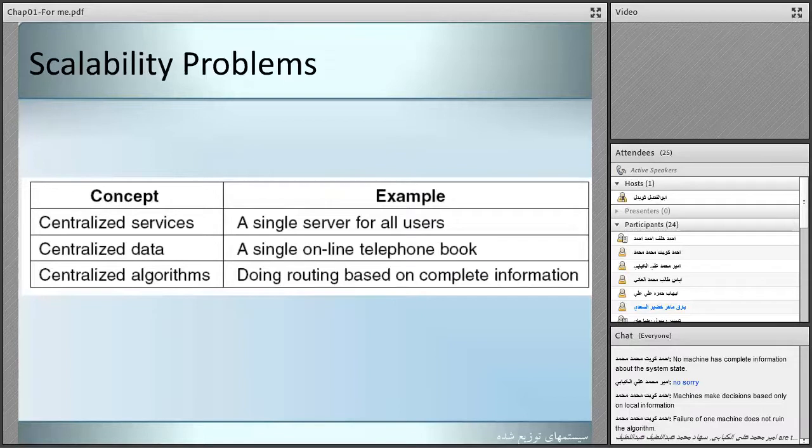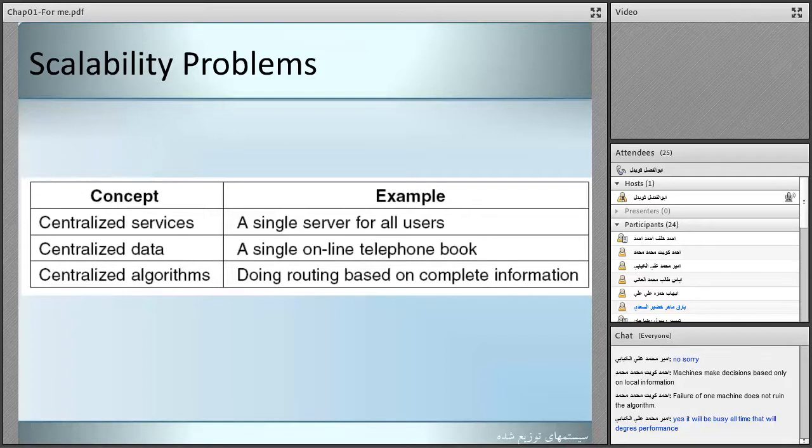What do you say, Mr. Ahmed? We don't talk about failure. Yes, the performance is decreased, Mr. Amir. For example, suppose that Google uses only one server to provide services for all users. If the number of users increases, because all the users want to get service from this single server, it would be bottleneck, traffic of data transmission.